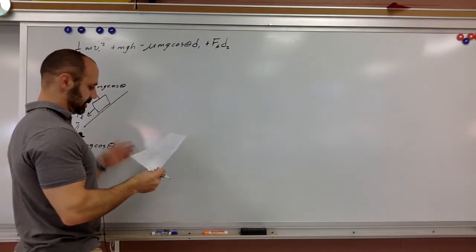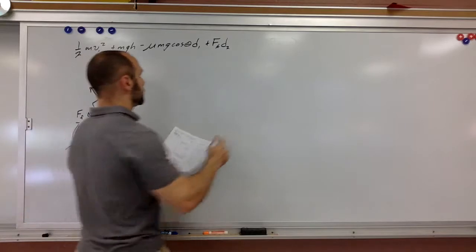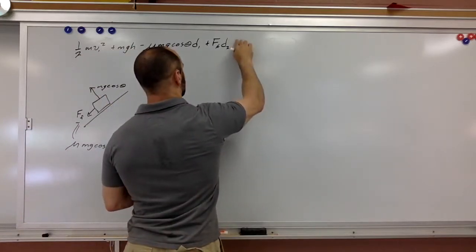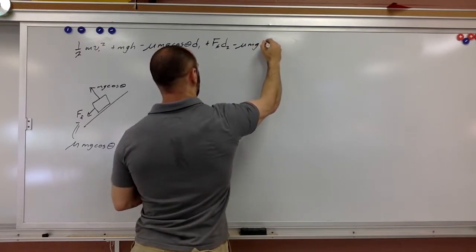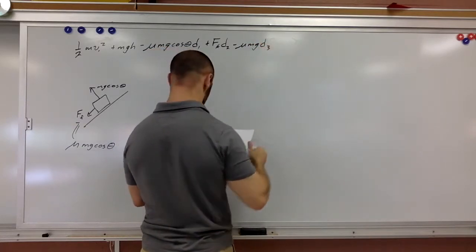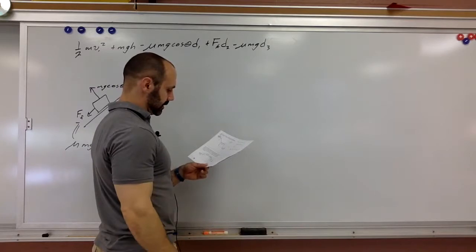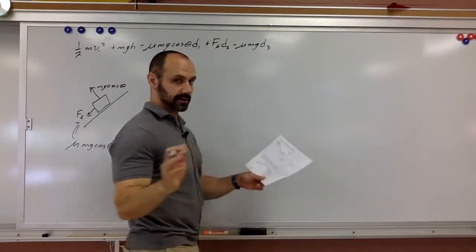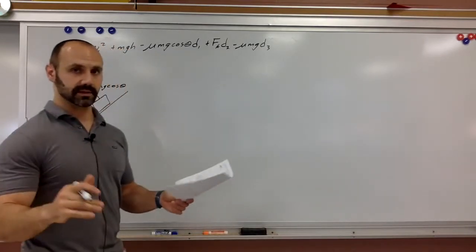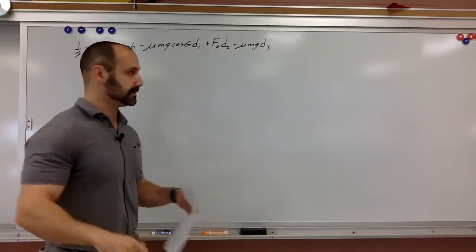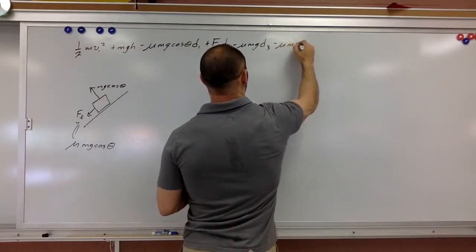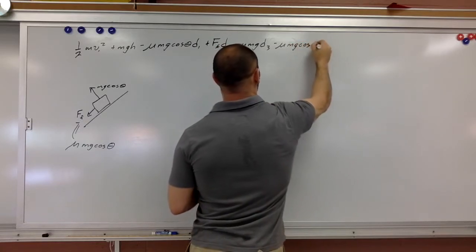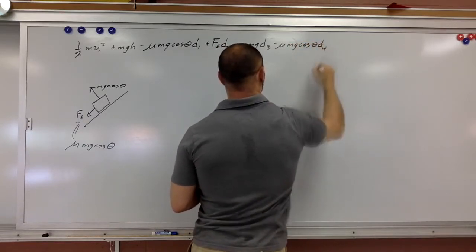So this one is just mu mg, so this will be minus mu mg d3. And then going down that other incline, I already took into account the potential energy, right? All we care about for the gravitational potential energy is the beginning and ending points. So this last one is going to be minus mu mg cosine theta d4.